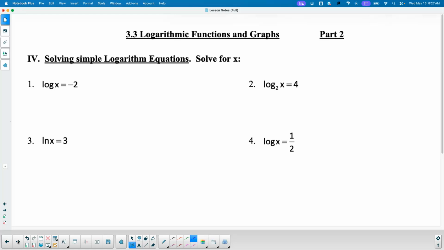Put it in logarithmic form. Those two flippity-flop. Remember when I said log base b of x equals y is b to the y power equals x? Same thing here. So my base here is 10. My exponent is negative 2. My argument is x. So this one is x equals 1 over 100.